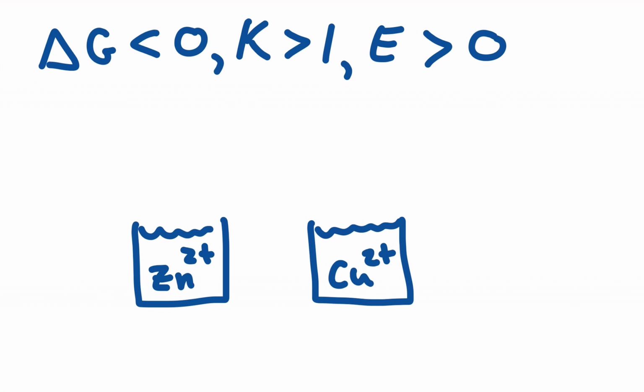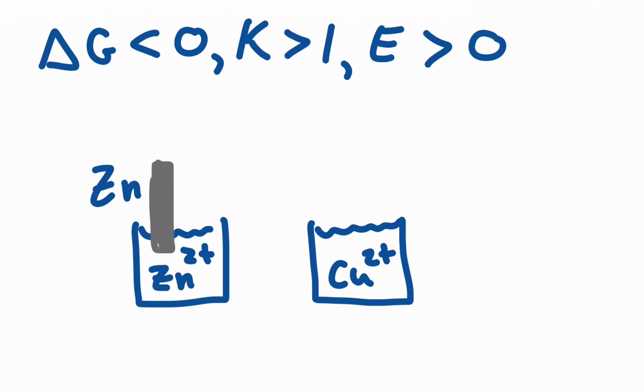And then there's a metal bar of the same metal, often sitting in its own solution, or possibly an inert electrode if the electrochemical reaction is not involving a metal. But let's pretend it does for this case.